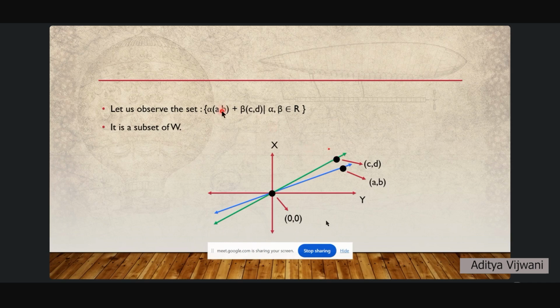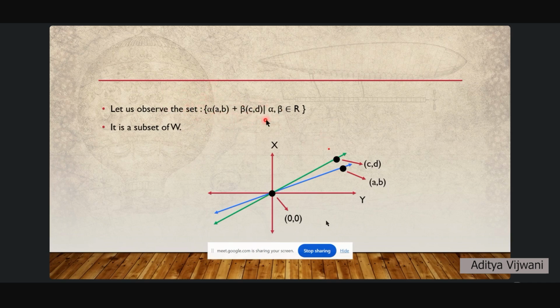So I have this set alpha times AB plus beta times CD, but let's look at it geometrically. Beta CD is basically all the scalar multiples of CD, so beta is my scalar. If beta equals 0, can you tell what this set represents? If beta is 0, then it becomes alpha times AB.